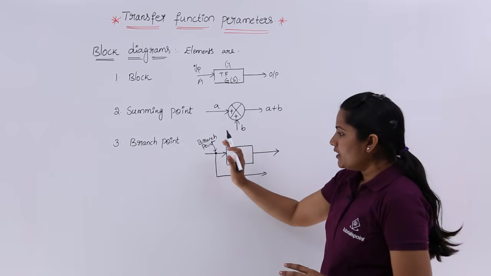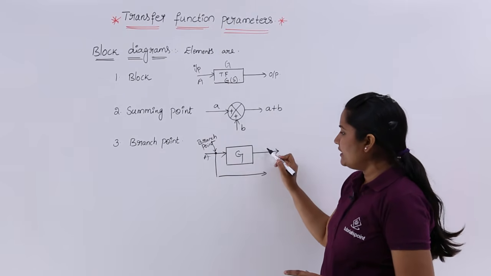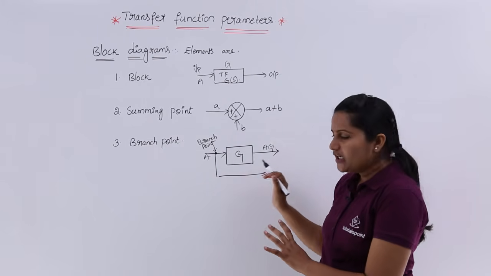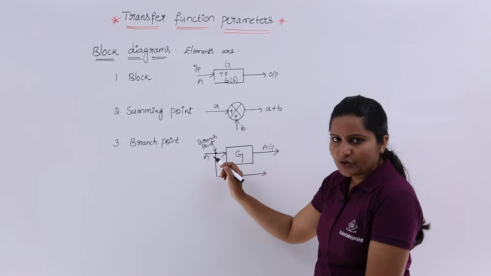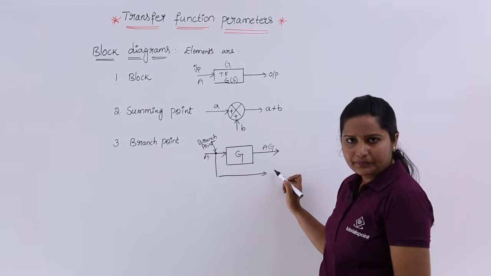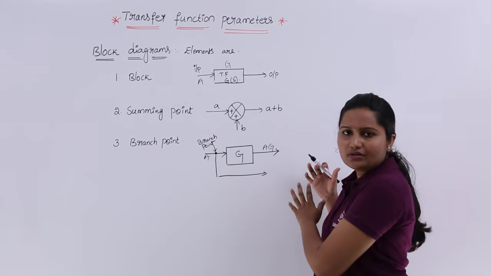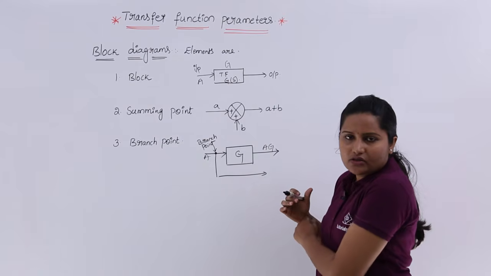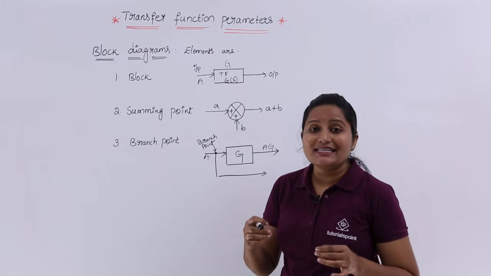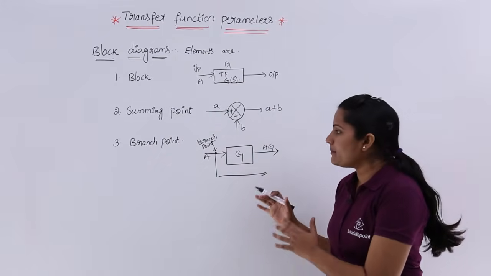For example, here you have A. By this gain, your signal here is AG, but if you don't want AG and just want A, then you can take a branch point from A and give it to the required block. So, a branch point is a point from which a signal will flow concurrently from a block. So, this is about the branch point.